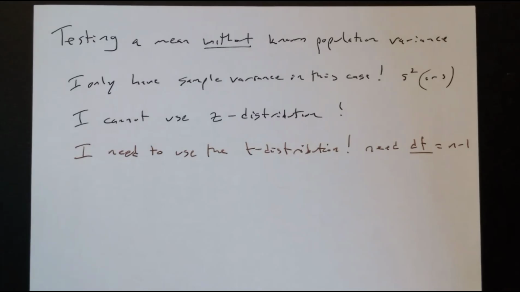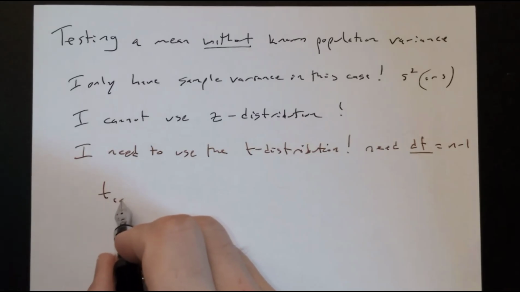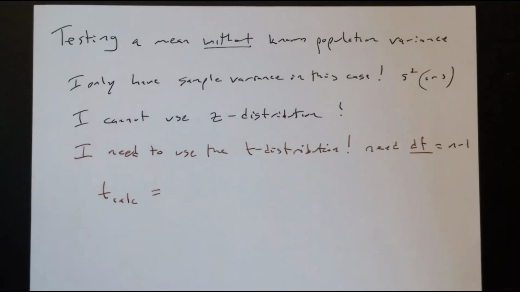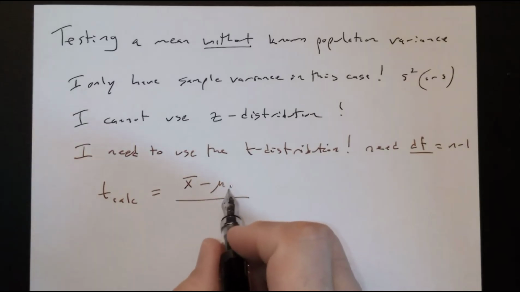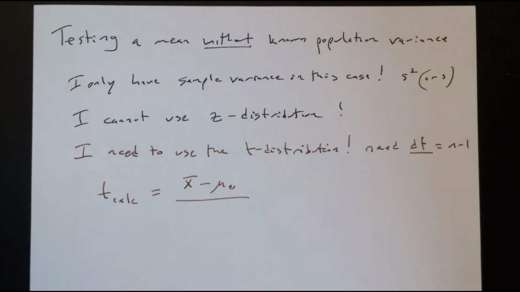So what I'm going to do is set up a one tail or a two tail. I need to know what my null hypothesis is, and what my alternate hypothesis is. Instead of finding a Z calculated value, I will find a T calculated value. That's going to be my sample average minus my benchmark, divided by the standard deviation over the square root of n.